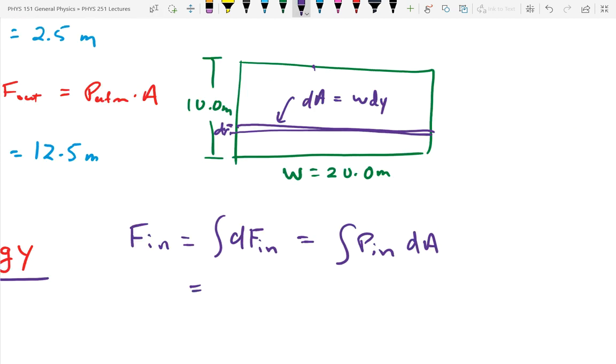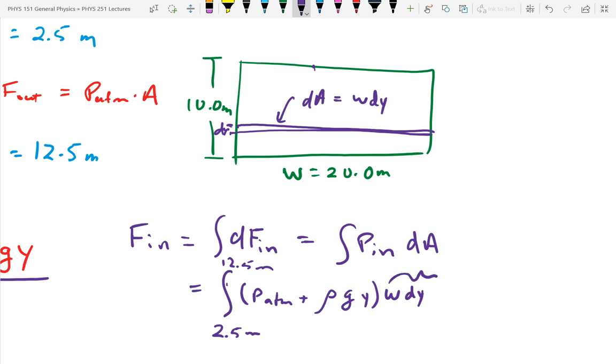So substituting in, I have an integral from my starting depth of 2.5 meters to my ending depth of 12.5 meters of pressure atmosphere plus rho g y, and then W dy. So this is the dA right there, and this is the pressure in.